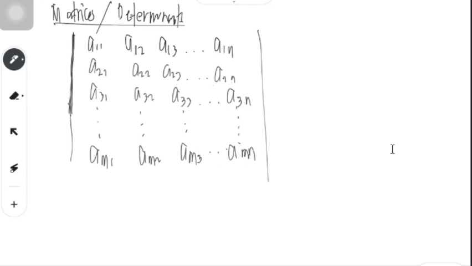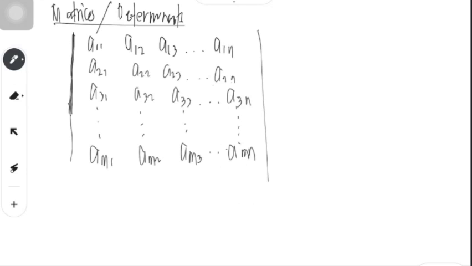The horizontal arrangement of the elements is known as the row, no? The vertical arrangement is known as the column. So the subscript of each element indicates the position of that particular element in a row and a column. The first subscript refers to the position of the element on the row. The second subscript refers to the position of the same element in the column.